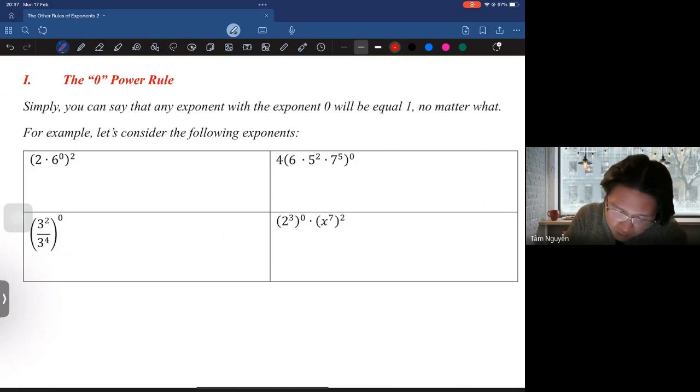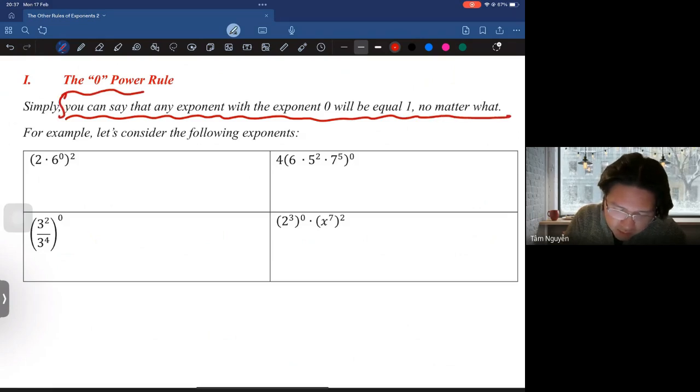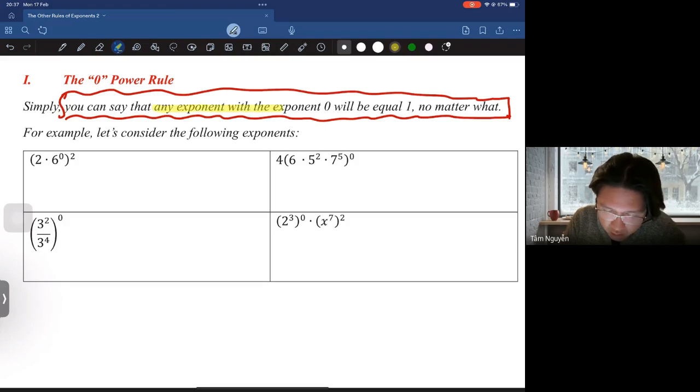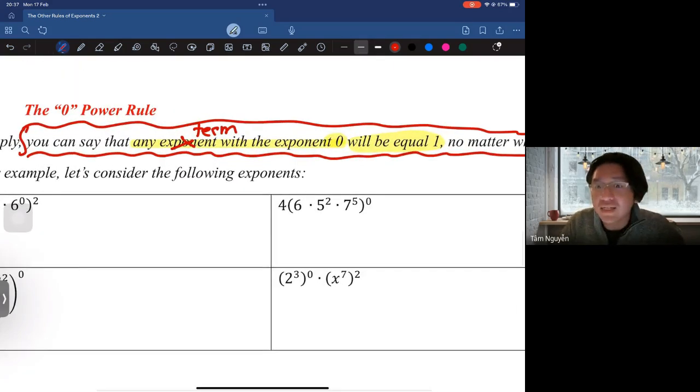Okay. If you can see right here, the rule says that any term, any number, any variable, anything with the exponent zero will be equal to 1, no matter what. It doesn't matter what numbers or variables you have.